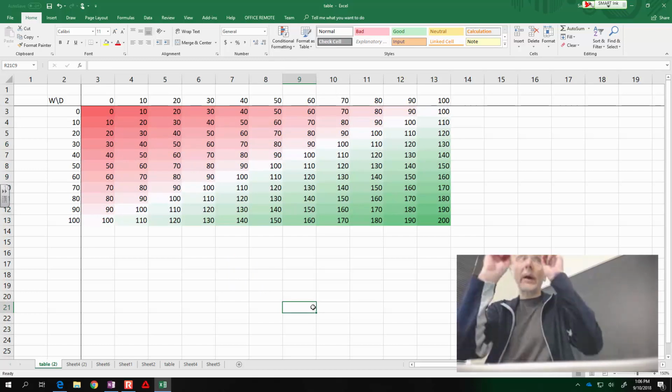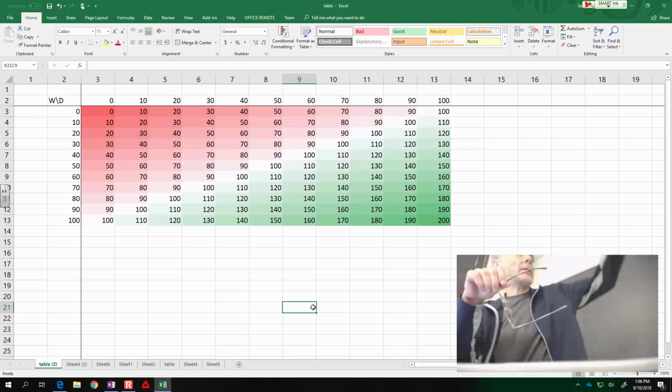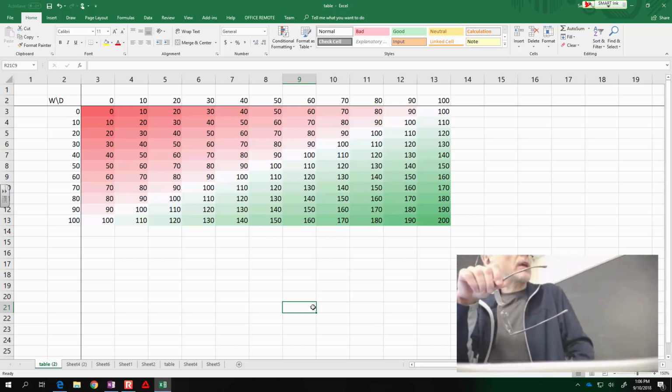So you can probably see what the pattern is. Do you see the pattern? Try to go diagonally from the top left to the bottom. What's happening to the numbers and what's happening to the colors?